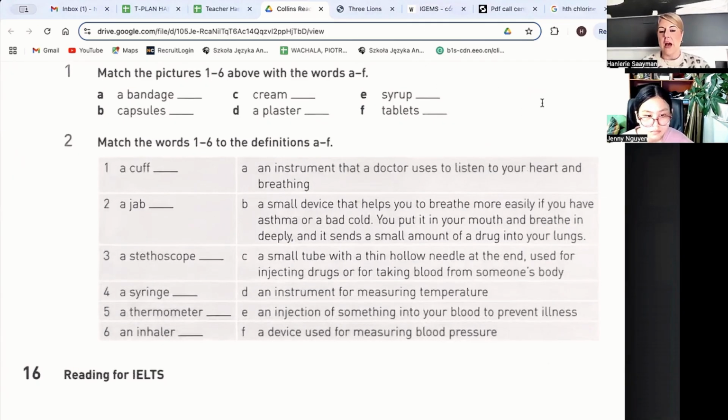Now, match the words number 1 to 6 with the definitions A to F. Jenny, you're going to write on the line A, B, C, D, E, or F. Can you do that for us? Okay, I'm going to skip something I don't know and then come back. Yeah, that's perfect. Take your time. A syringe is... So B is 6.